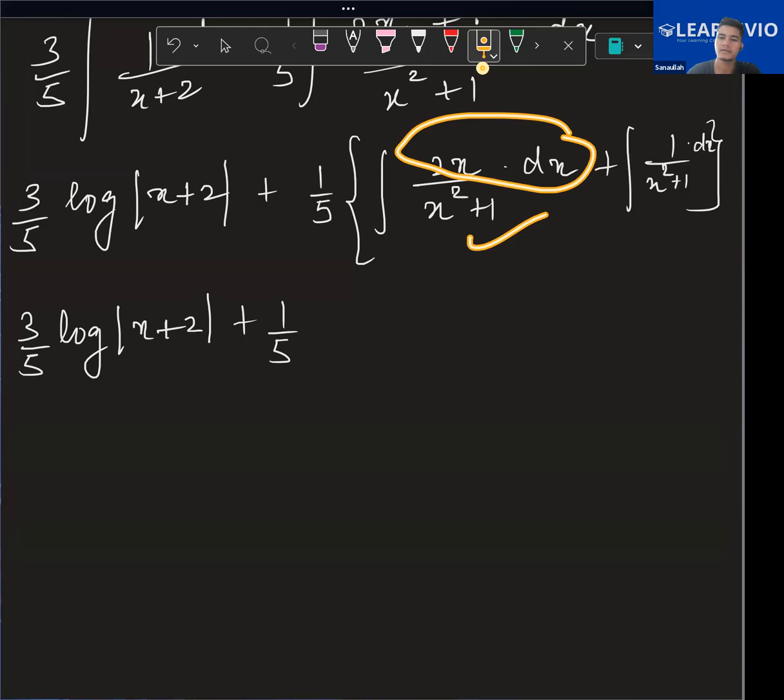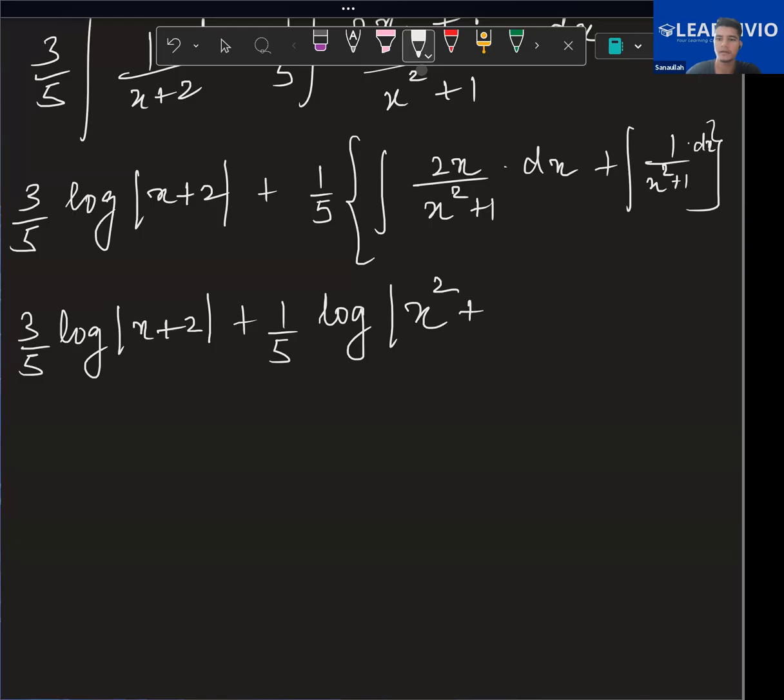So its integration is log of x square plus 1. It directly gives log, remember this. Okay? So I will write it as log of x square plus 1. And for the last one, tell me what you will do. I already told you the formulas related to this.